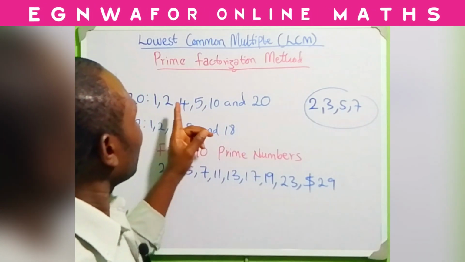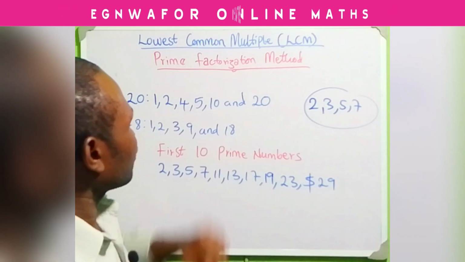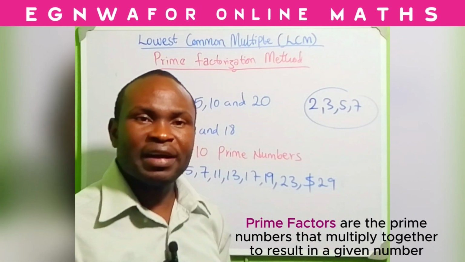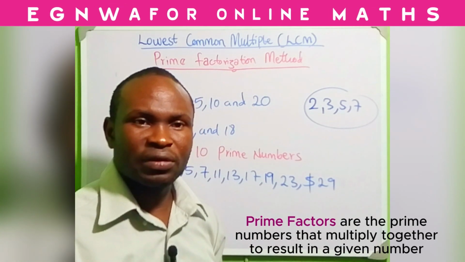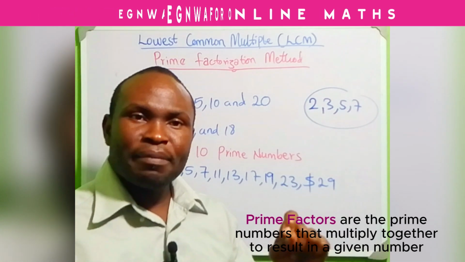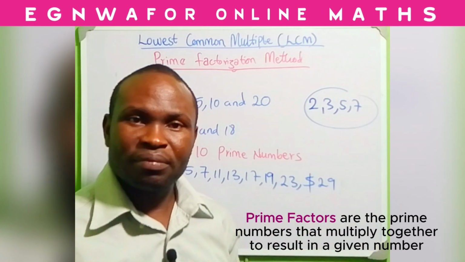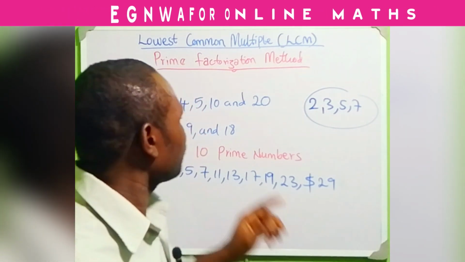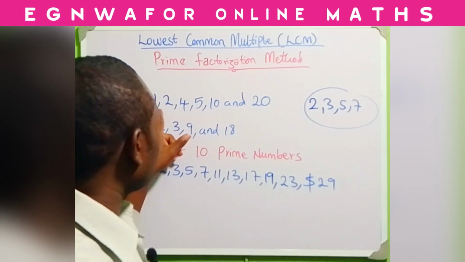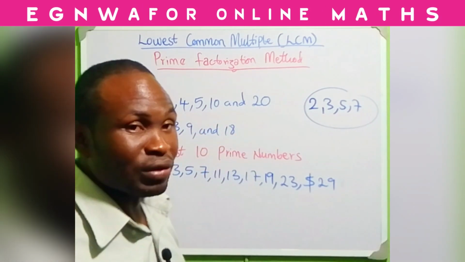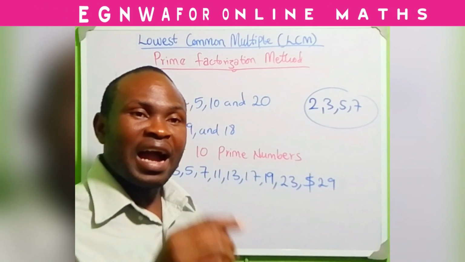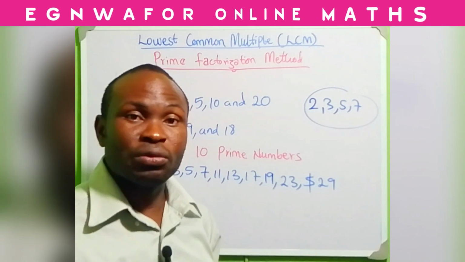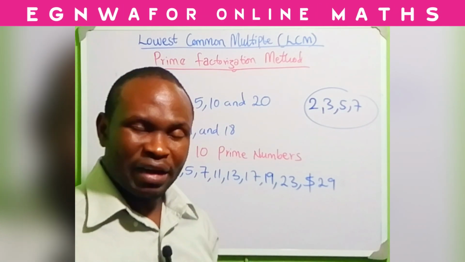Now, what about prime factors? Prime factors na numbers wey be prime wey follow for the factors of another number. For example, if you look this 20 wey dey here, among all these factors of 20, we still get some factors inside wey be prime factors.